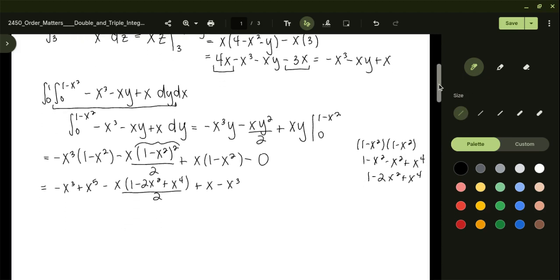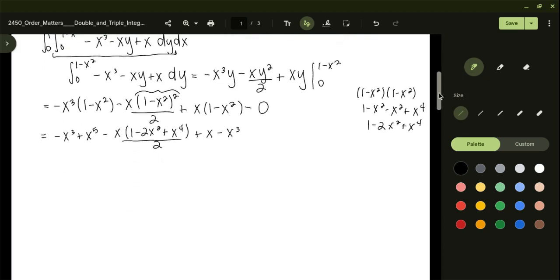Still have a little bit more distribution to do because we still have this x times this set of parentheses. So we end up having negative x³ plus x⁵. And then distributing this negative x, we get a negative x over 2, because again, don't forget this divided by 2 here, plus 2x³ over 2, and then minus x⁵ over 2 plus x minus x³.